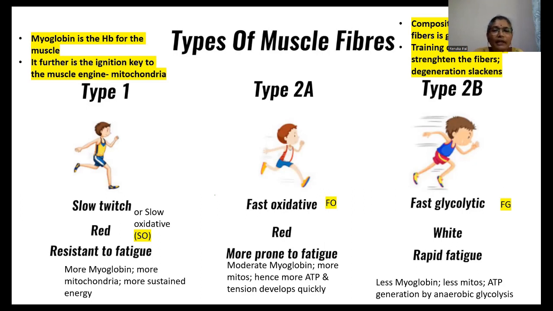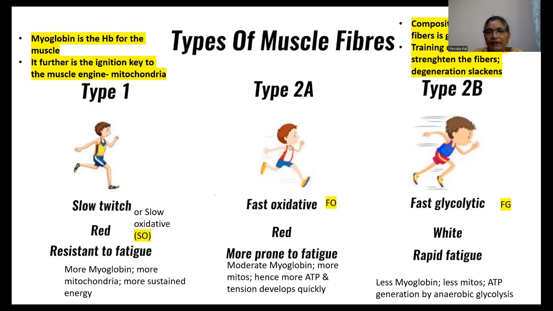The type 2A fibers are the fast oxidative fibers. That is, they have a moderate amount of myoglobin. Myoglobin is the hemoglobin of muscle. It is required to kickstart the mitochondria to produce the ATP that ultimately produces the energy to bring about all the movements of the body.